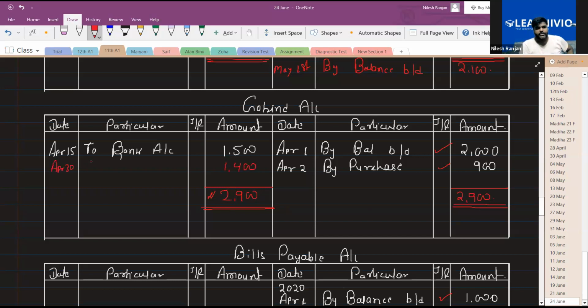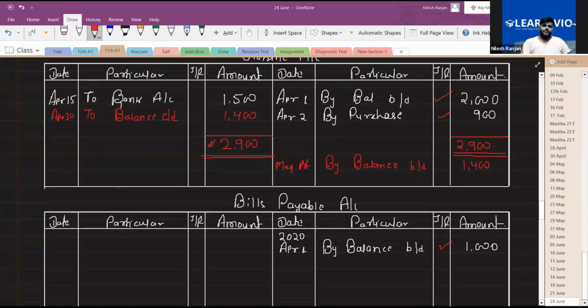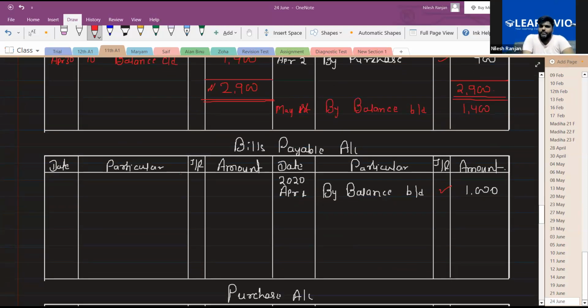April 30th, to balance CD. Then it will be May 1st, by balance BD 1,400. You understood this part, Meher? How to calculate total and balance?